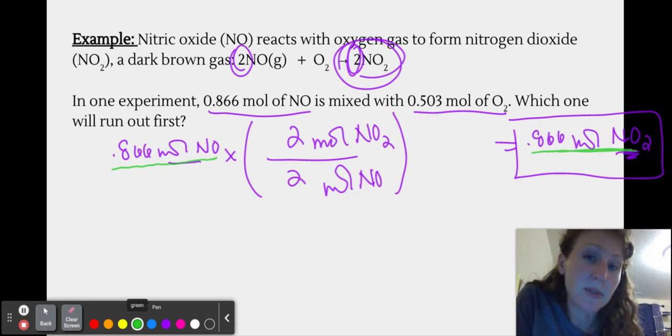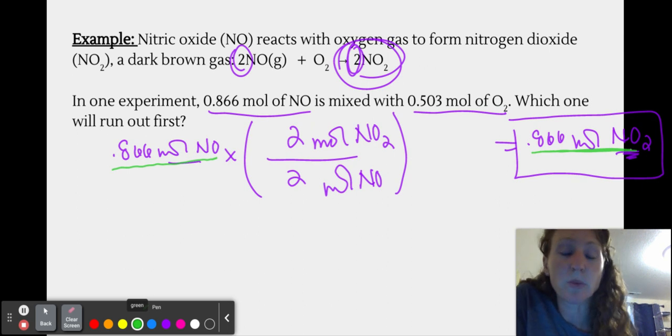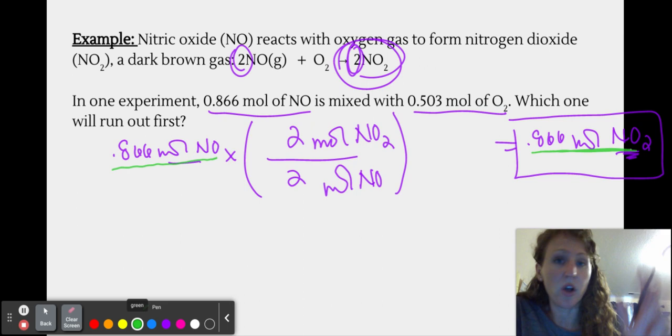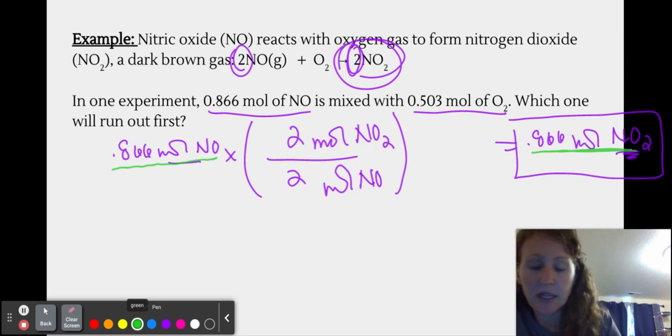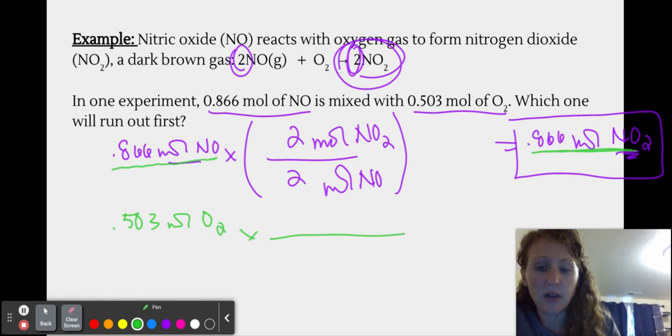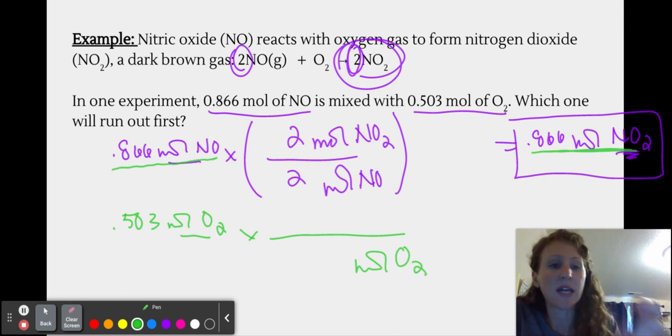Now, do I have unlimited amounts of oxygen? I don't. So let's find out how much product I can make if I use all of my oxygen. 0.503 moles of O2. All right, whatever unit's on top, I automatically put that one on the bottom so that I get out of that unit and into the next one.